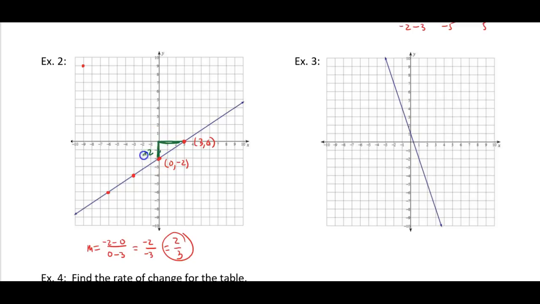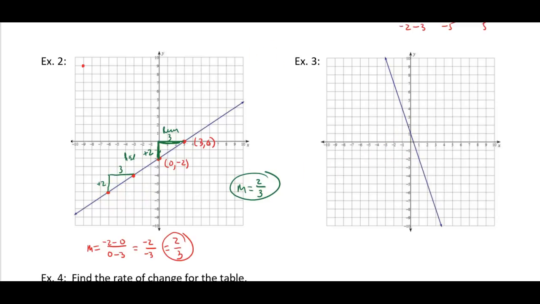I went up 2, and I went over 3. So here's my rise, here's my run, therefore my slope would be my rise 2 over my run 3. Remember, we always take a journey from the point on the left to the point on the right. So over here, up 2 over 3, you get the same thing.